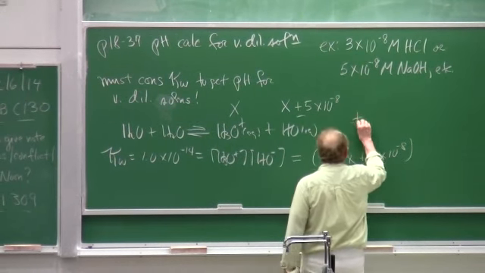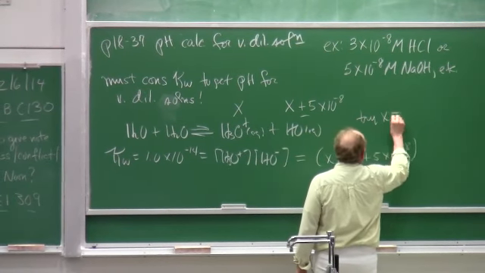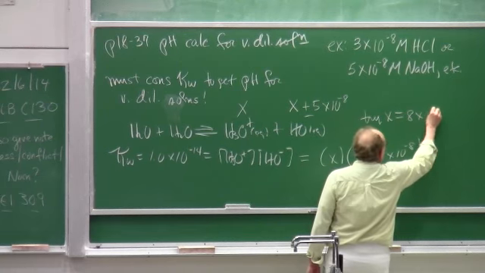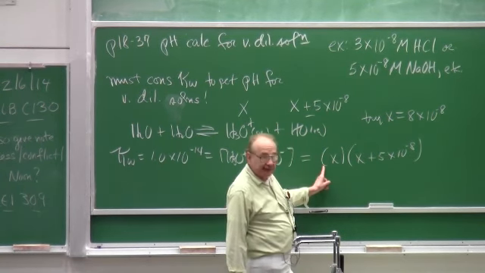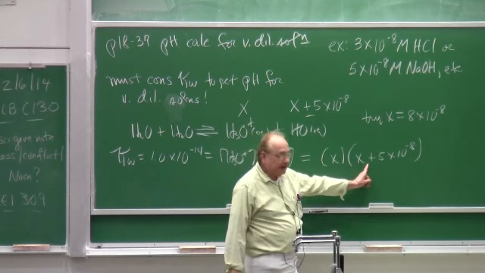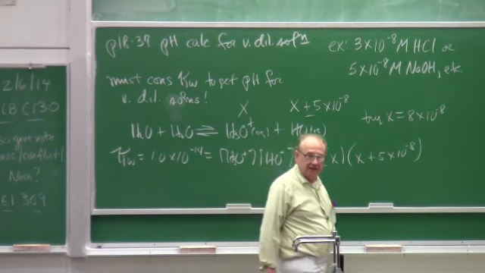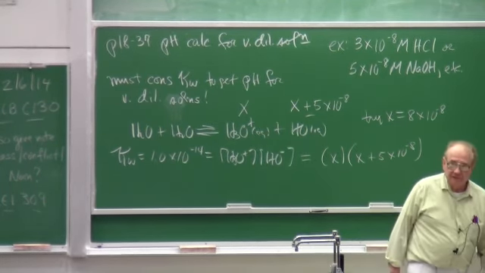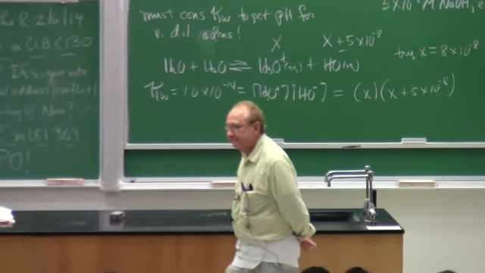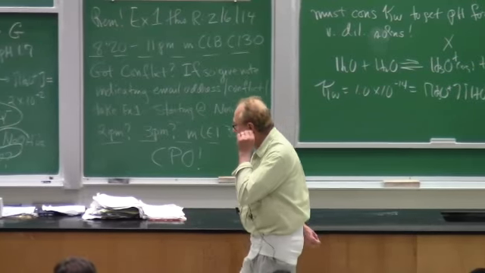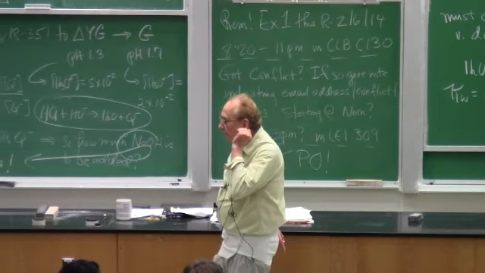Try x. Now then, this is 8 times 10 to the minus 8 times 13 times 10 to the minus 8. Watch out. Here comes the hard part. What's 8 times 13? 65.